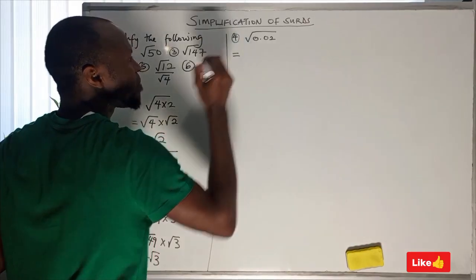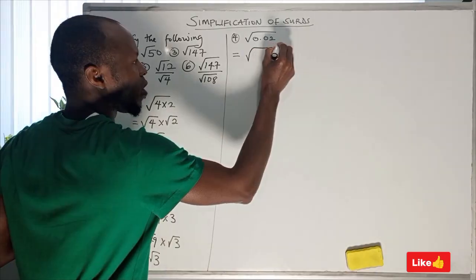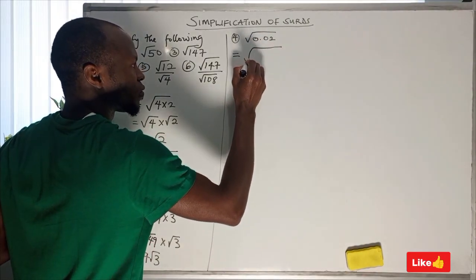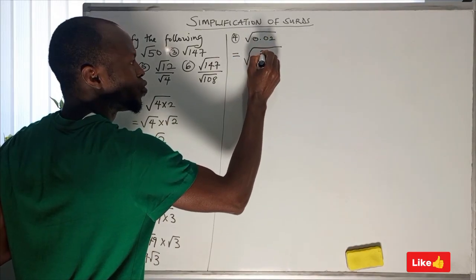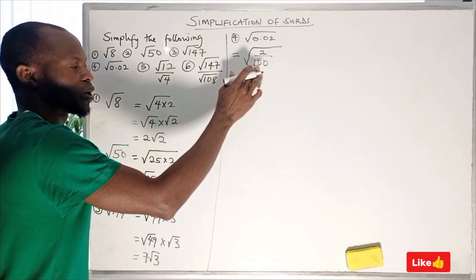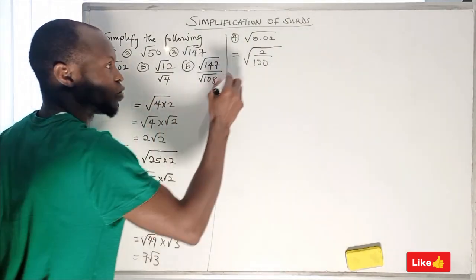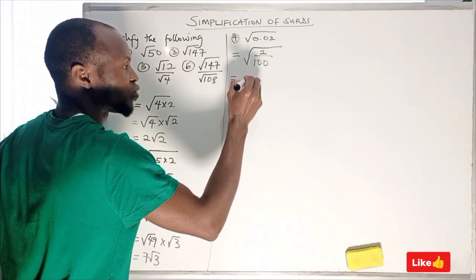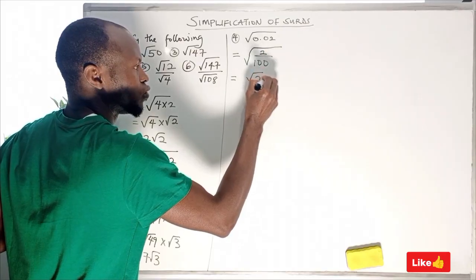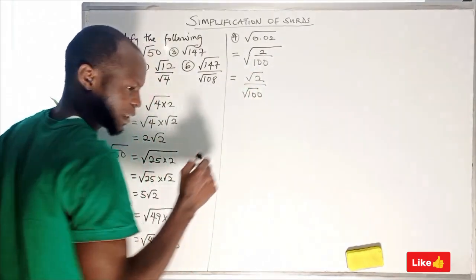This is the same thing as square root of 2 divided by 100. Okay? Square root of 2 divided by 100 will still give you 0.02. So if you go for that, this is equivalent to surd of 2 divided by surd of 100.